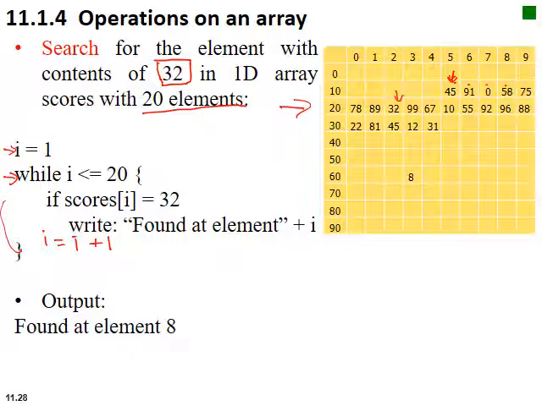So we will be able to now check, I will be 2 now over there, in other words, so that we will be able to check if scores 2 is equal to 32. Is it? No, it's not. So increment I again and check is score 3, and so we go on until we get to here where we will find that score 8 is the actual value. So in other words, we found it at element 8.